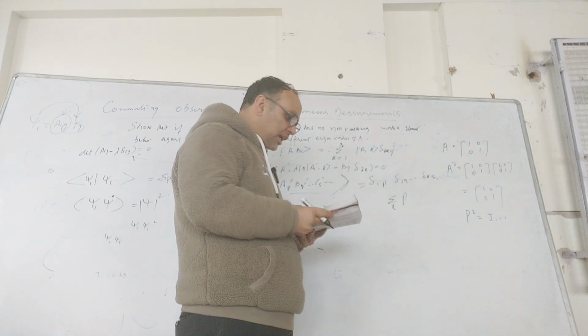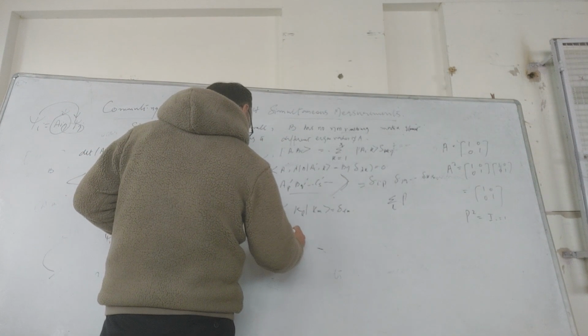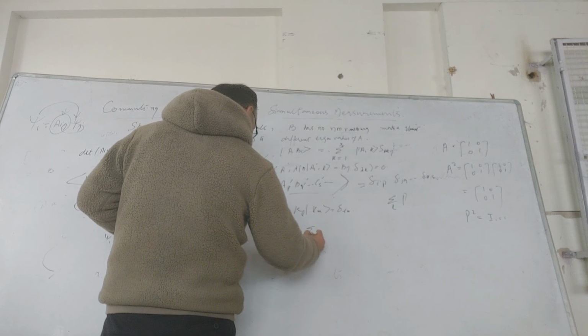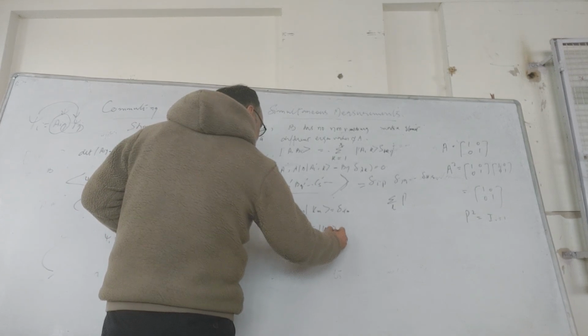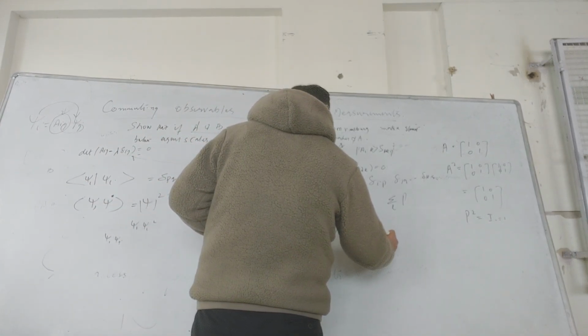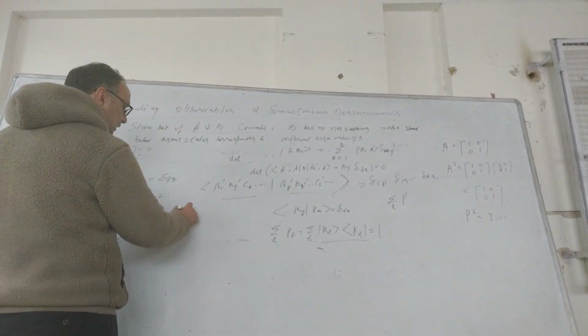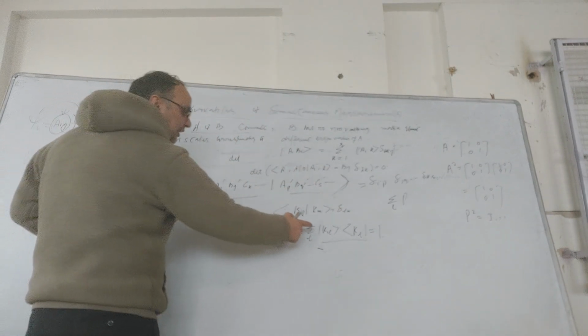So here you can define projection operator as PL is equal to P of L. Here L is equal to 1. Then one can define KL है, we get that.